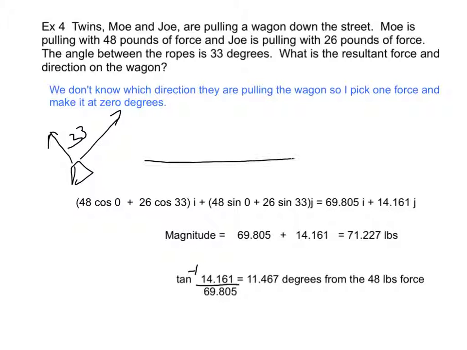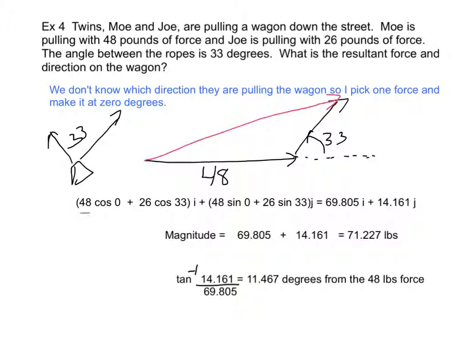In this case, I picked 48 and made it at 0, and using adding vectors geometrically, the angle here is 33 degrees, and I draw the second one. So my resultant goes from here to here.